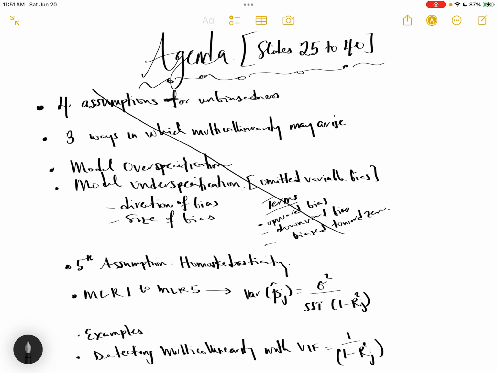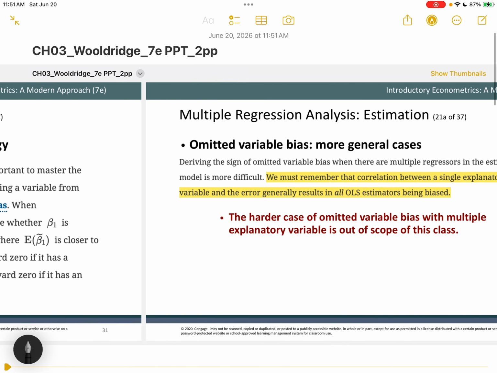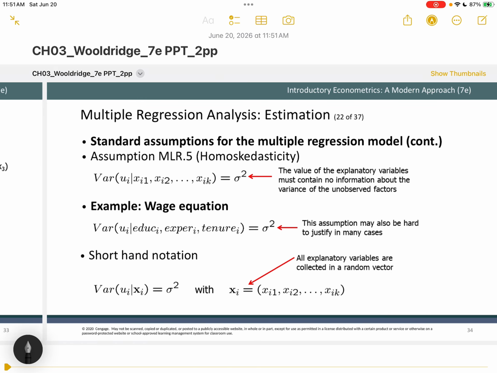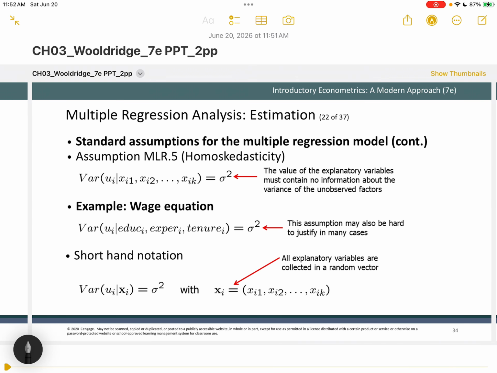Where are we now? We just did all of this. We are moving on to the fifth assumption. Homoscedasticity is the fifth assumption.